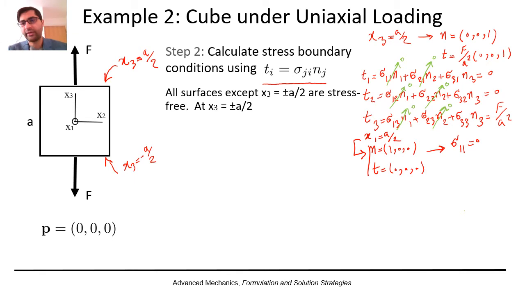So it results that sigma 1, 1 is 0. And also it results that sigma 1, 2 is 0.